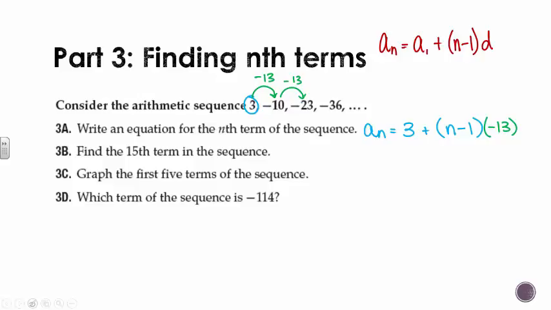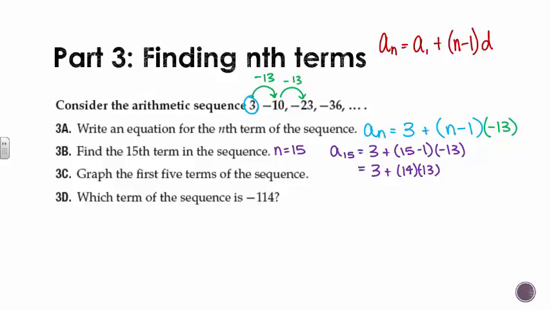Find the 15th term of the sequence. So all we're going to do is plug in 15. N equals 15 here. So we get A of 15 equals 3 plus 15 minus 1, and we're going to multiply that by negative 13. And then it's just a math problem. This becomes this.